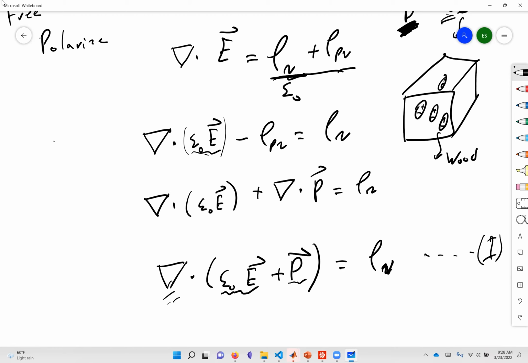And we've naturally incorporated the material effects.